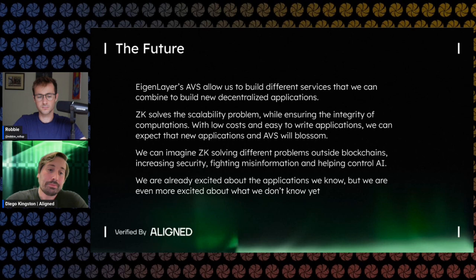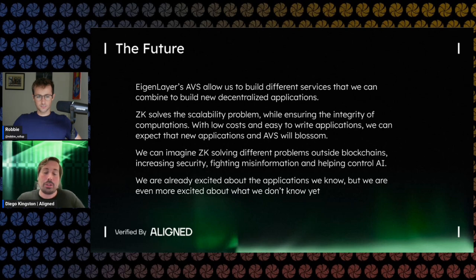And so a little bit about the future is that with EigenLayer, we will be able to build different systems that we can combine as Lego bricks to build new decentralized applications. ZK is what we need to solve the scalability issues that we face in blockchains.